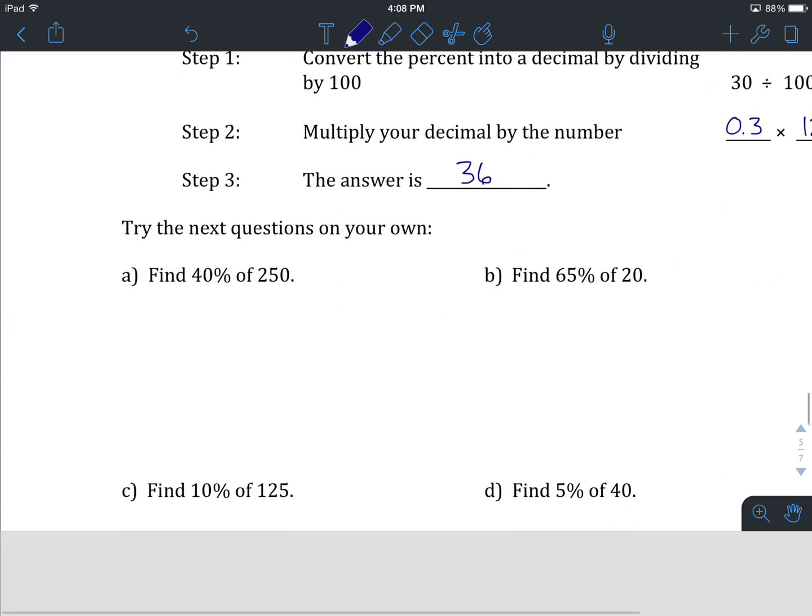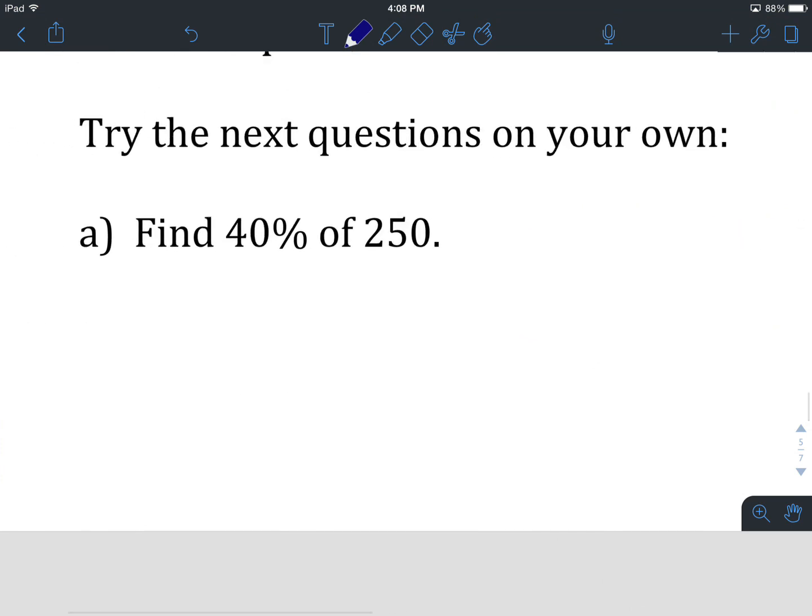Let's have a look at example A. Here we're going to find 40% of 250. So we start, if we look to the steps, step number 1 is to convert our percent number into a decimal. We do that by taking our percent number, which is 40, dividing it by 100, and that's going to give us 0.4.